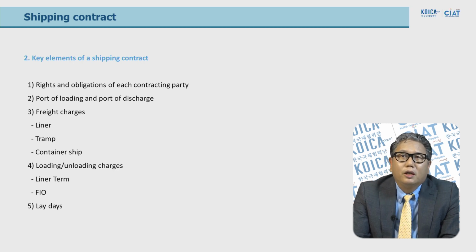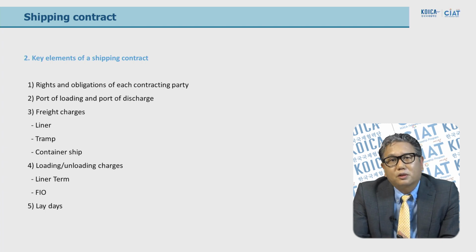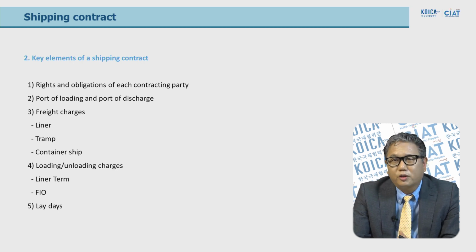Also, the Korean maritime laws specify this in the regulations. It also states the loading and discharging costs, and which contracting party is responsible for them. A charter party contract includes a rate.